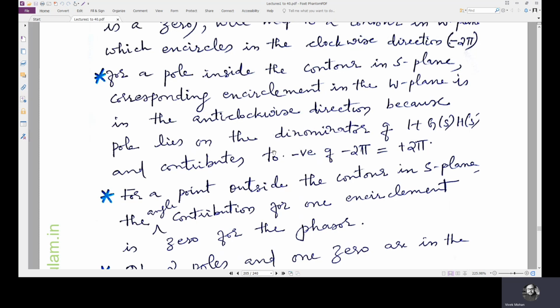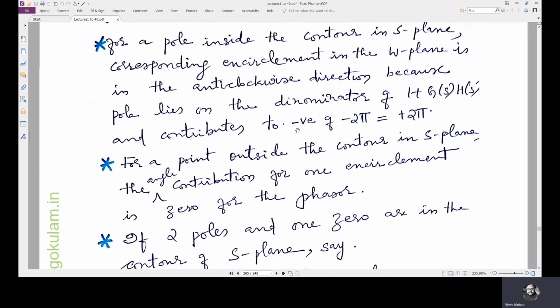The corresponding encirclement in the W plane for a 0 is minus 2 pi itself, in the same direction. Clockwise encirclement in the S plane is also minus 2 pi, because it is in the clockwise direction, but the corresponding encirclement in the W plane is opposite. So minus of minus 2 pi is plus 2 pi. That is what we have obtained.